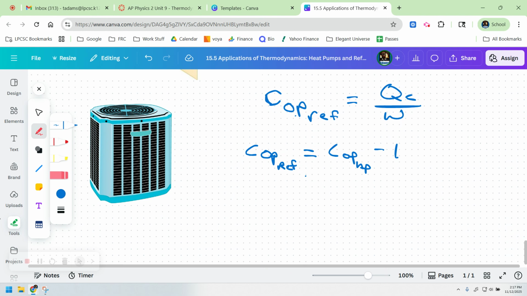So then the other thing that we want to talk about is a term that we use a lot, energy efficiency rating.